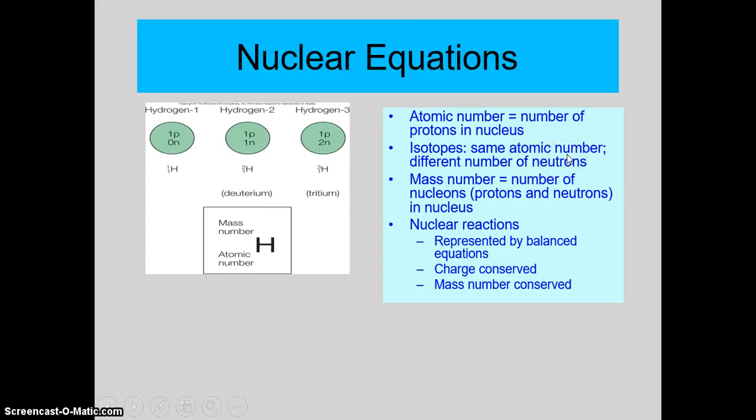Well, not a lot of different ones, but for example, hydrogen-1, the superscript is the number 1, and that's the mass number, which you can think of as the number of protons plus neutrons. And so since there's just one, that one must be the proton.